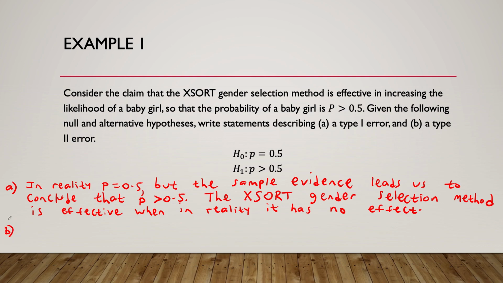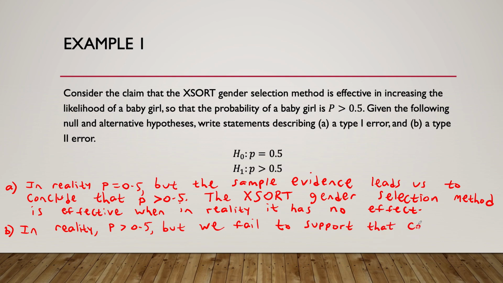For the type 2 error, in reality, p is greater than 0.5, but we fail to support that conclusion.